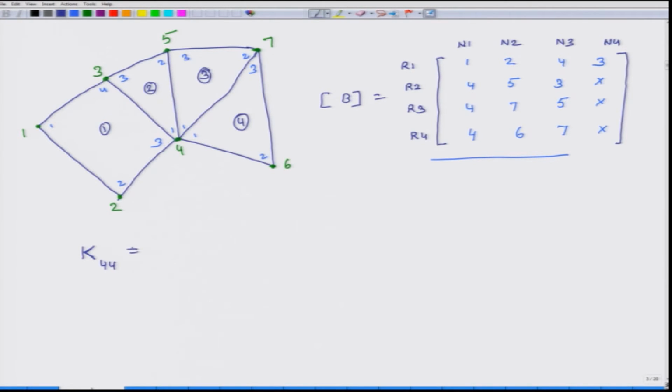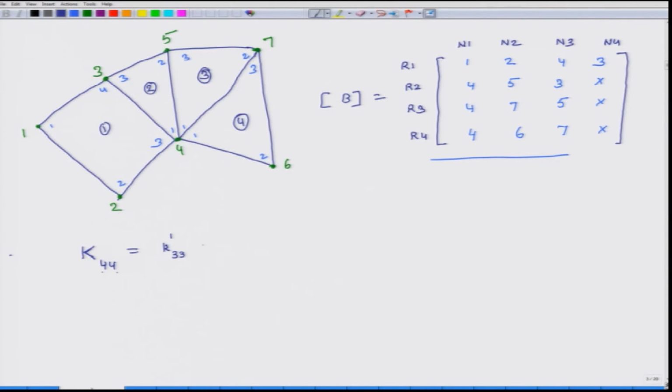First thing is how many terms it will have. This is global node number 4 and this is also global node number 4. Node number 4 is being shared by 4 different elements. So, it will have contributions from 4 different elements, so 4 different individual terms. The first contribution from the first element will be 3 3.